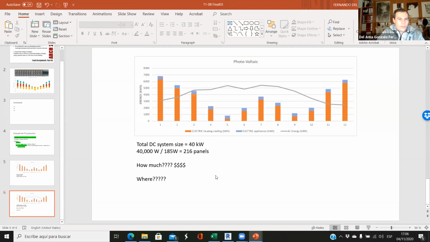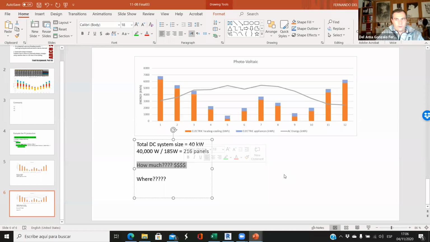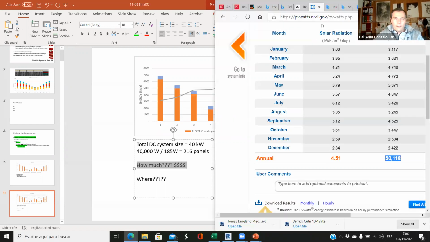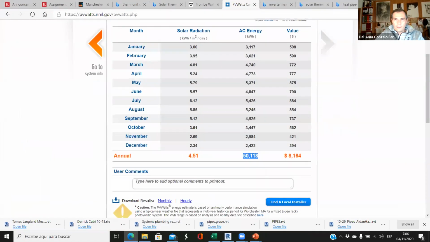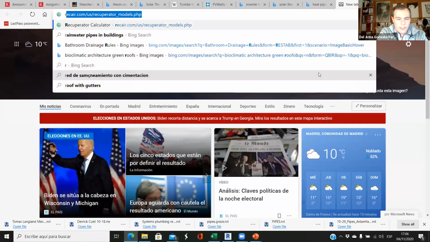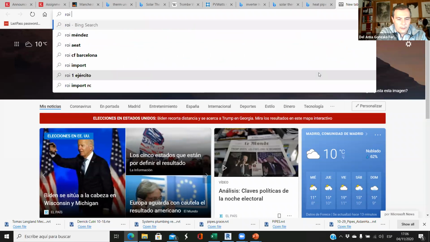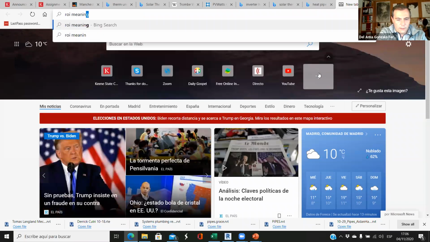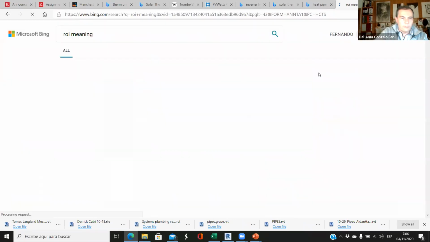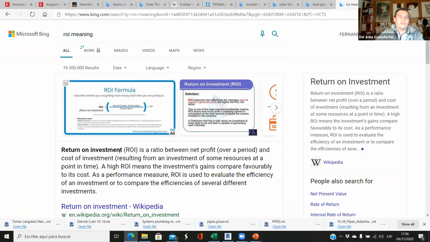Okay, so we have design conditions here. And then how much? We're not talking about this year, but with our clients, for sure, we have to talk about this. How much money do I have to pay up front? And what is the ROI, meaning return on investment?